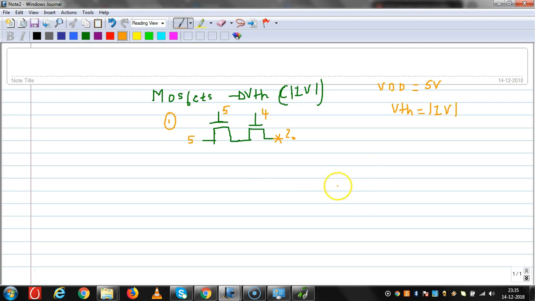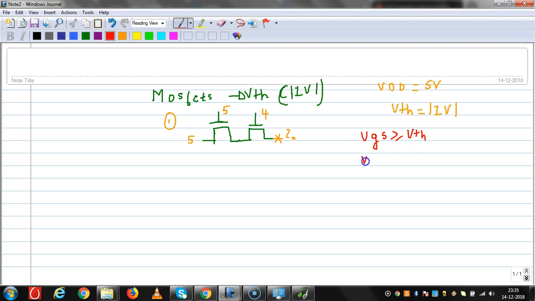Now first let us properly define the threshold voltage for a NMOS. For a NMOS, the threshold voltage is the voltage between the gate and the source, such that it is greater than or equal to the threshold voltage. So in our case, the gate to source voltage must be greater than or equal to 1 volt.